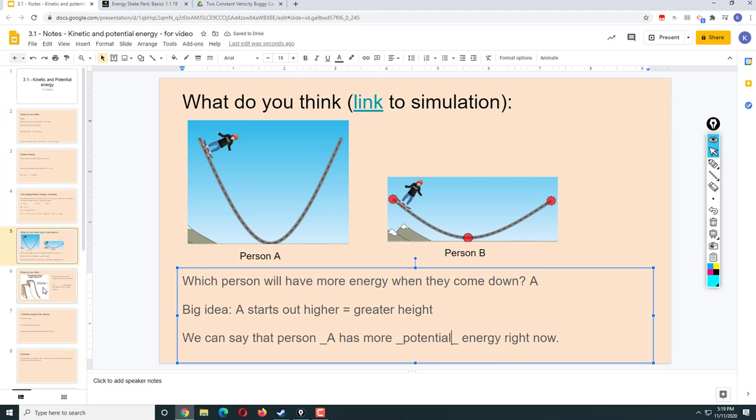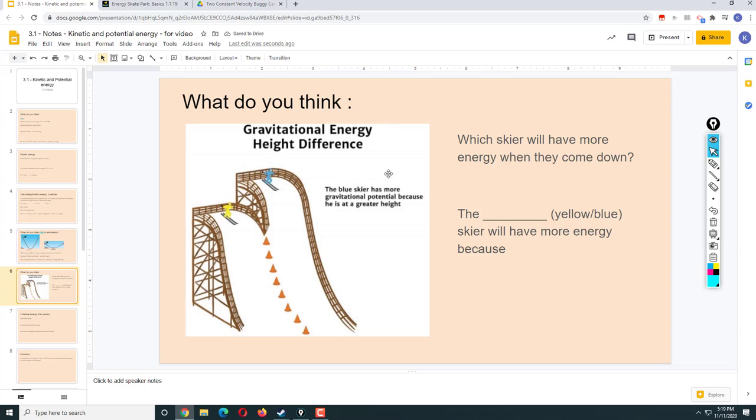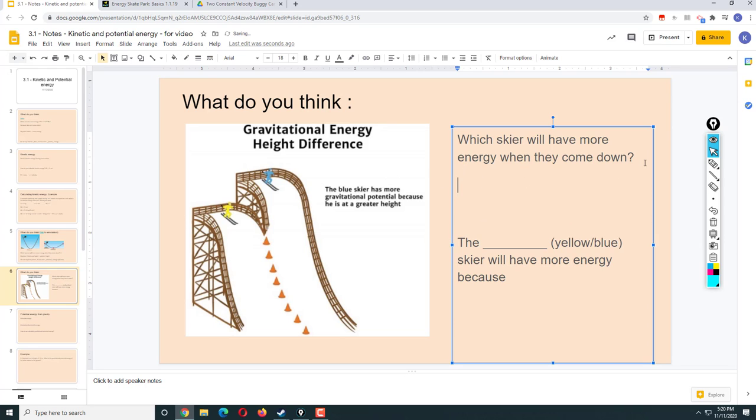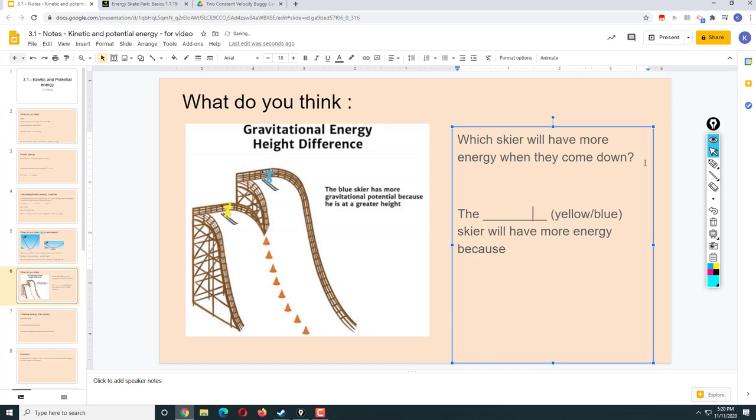Okay. Another example. Which skier will have more energy when they come down? Well, we know that the blue skier will have more energy, because the blue skier starts out at a higher height.